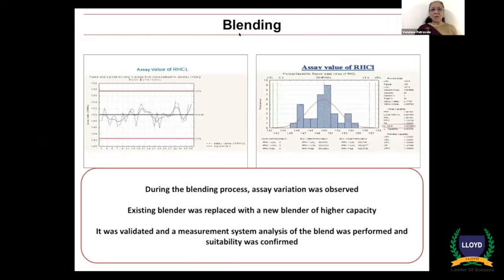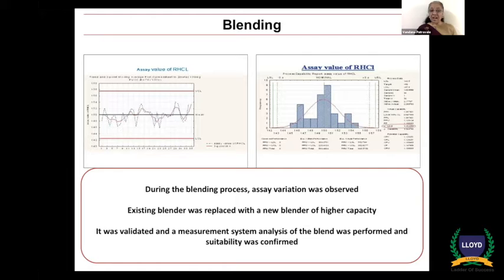So look at this process of blending, wherein I have indicated the assay values of ranitidine hydrochloride for all 40 batches. And you can see that there is a lot of variation in these. The frequency is not the same. So what did they do? Suddenly the demand for ranitidine hydrochloride tablets increased, and they were using the same blender right from the beginning.